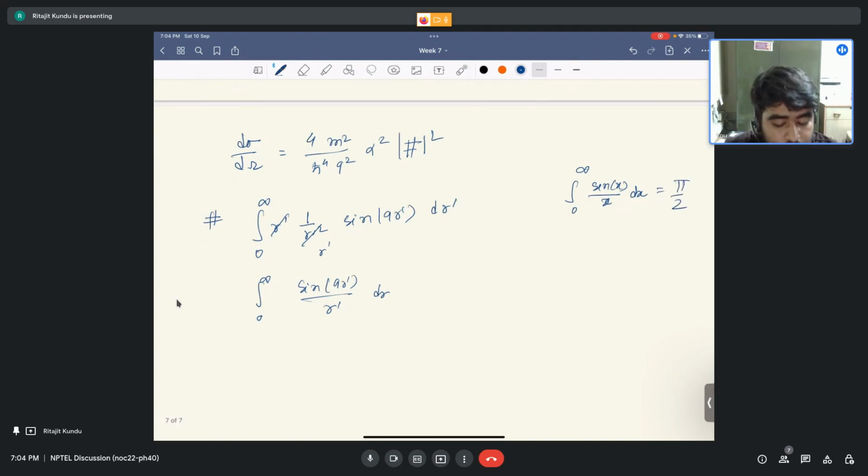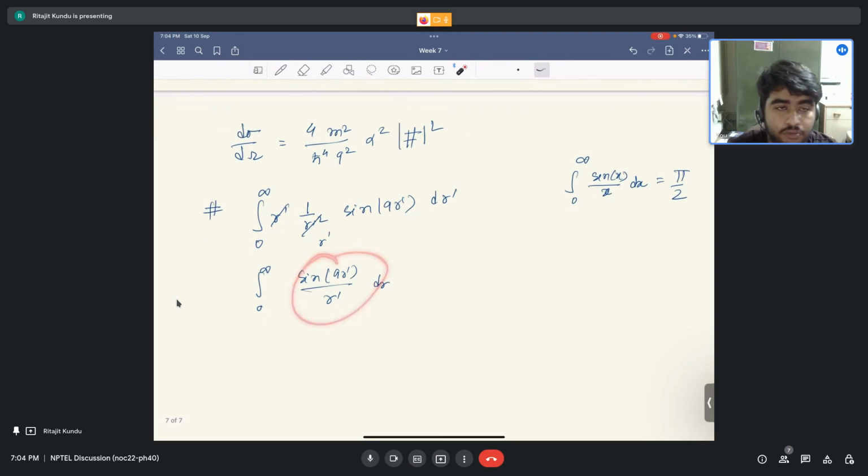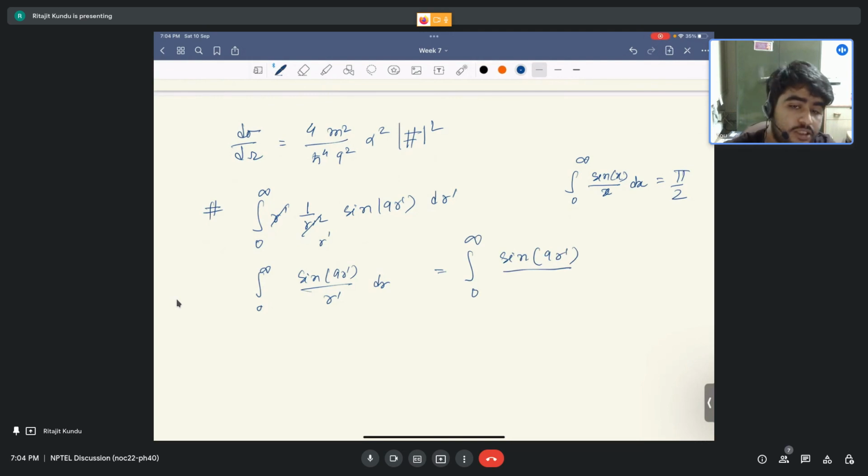Now we'll try to reduce this integration into the same form. It becomes the integral from 0 to infinity of sin(qr′), and I'll multiply by q downstairs and upstairs, so it becomes d(qr′). You see, right now my dummy variable is just qr′. So this is reduced to the standard form, and this is just π/2.